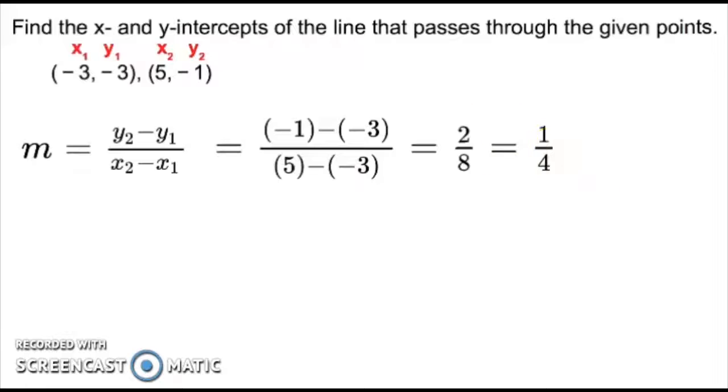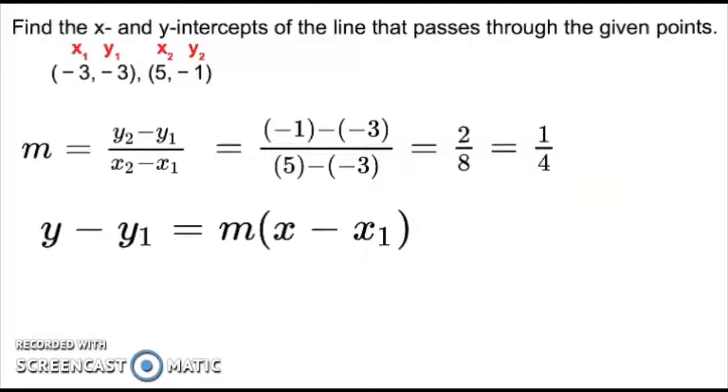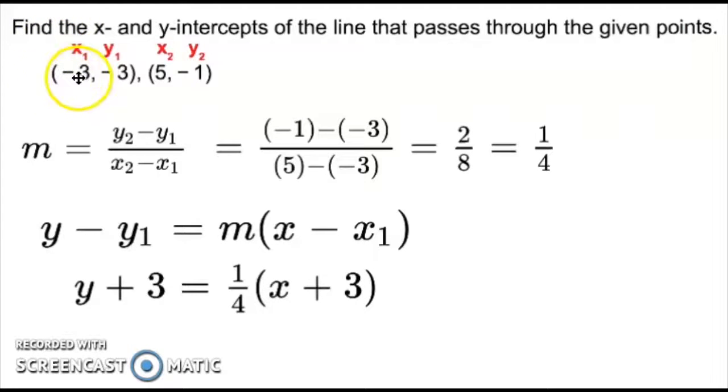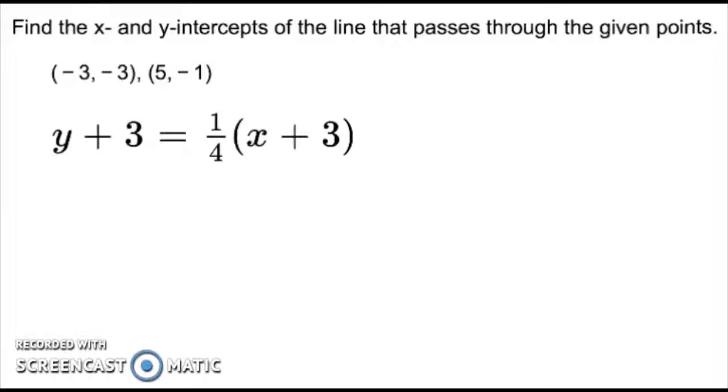Now, putting that slope and one of my points into point slope form, I'll have y plus 3. So I'm doing the first one, y plus 3, change the sign, equals 1 over 4, in parentheses, x plus 3, change the sign on that one. Now I'm going to put this in standard form. So cross the 4 out, bring it to the other side.